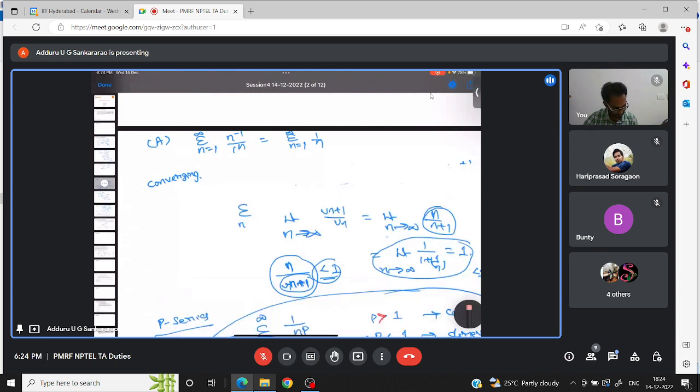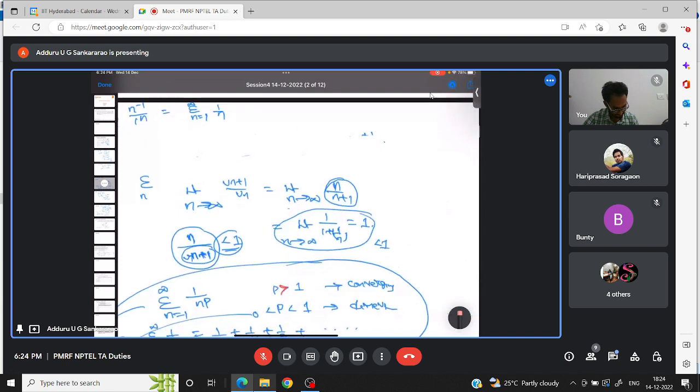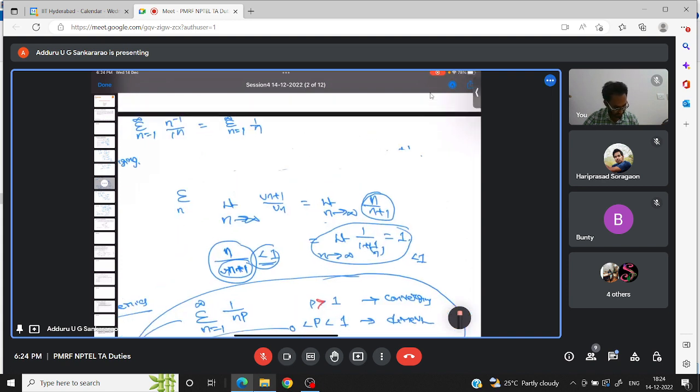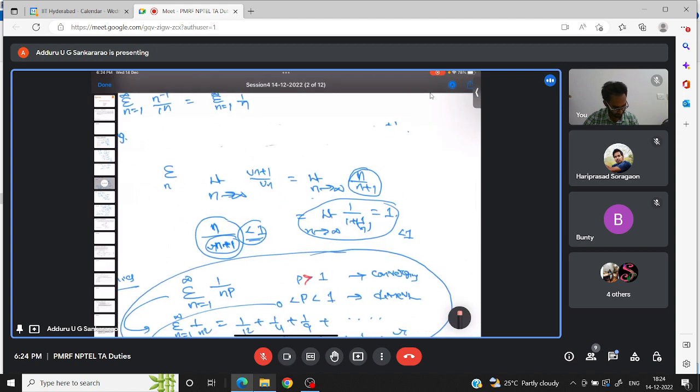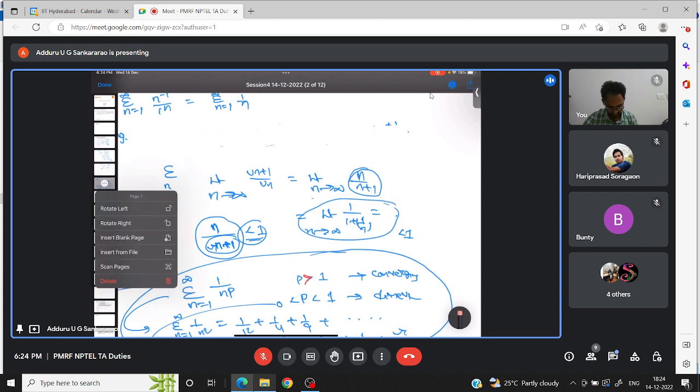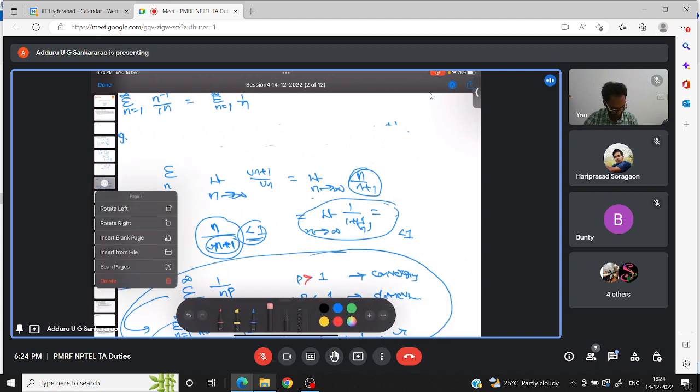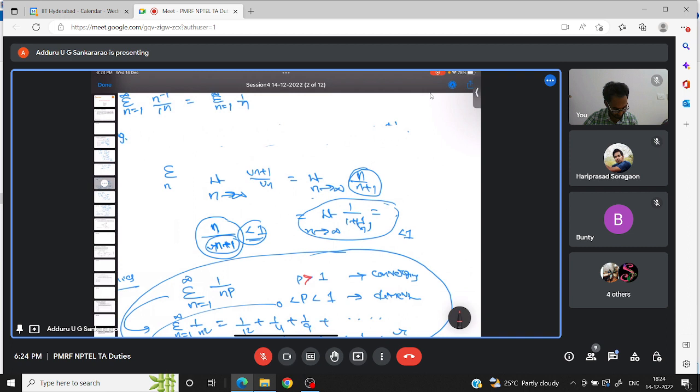Okay, for this, what we got is this one, right? But if you apply the limit, what you are getting is 1. So still we cannot exactly say it is converging if we get 1.